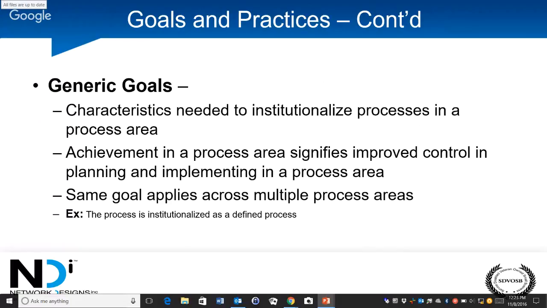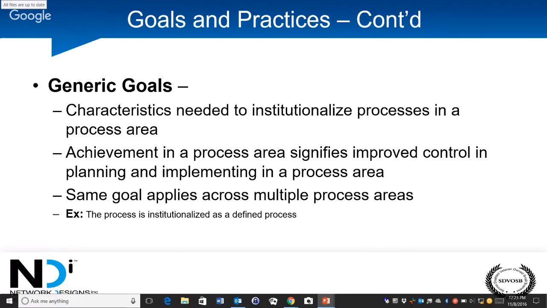Achievement in a process area signifies improved control in planning and implementing in a process area. So we show that for not just a single project, that we have set this up so that we improve in every project, that every new project is just done the same way as successful projects before.